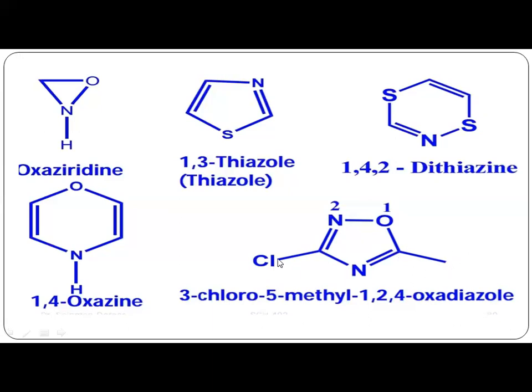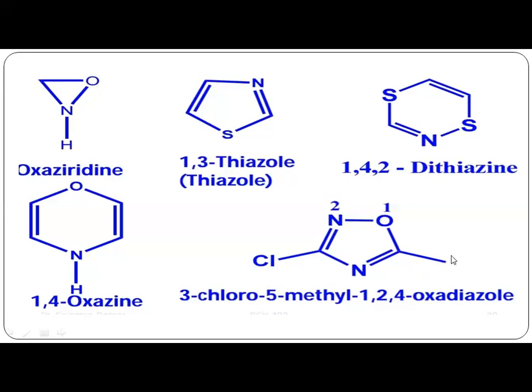As we know about IUPAC nomenclature, first we have to number the ring, and as we said, we have numbered it. Next we go for the substituents, in alphabetical order. If we compare chlorine and methyl, C will come first and methyl next. So on the third carbon atom there is a chlorine, so I write 3-chloro.